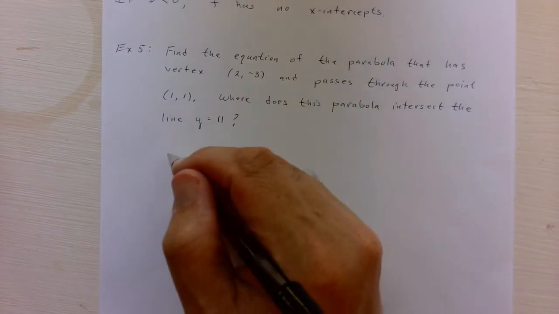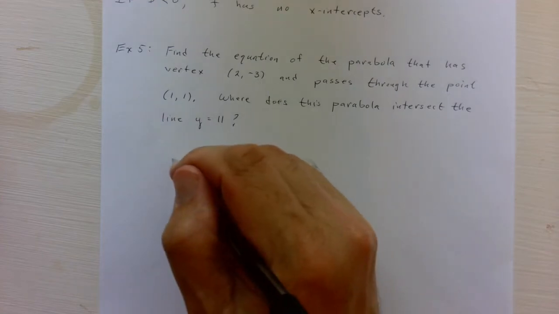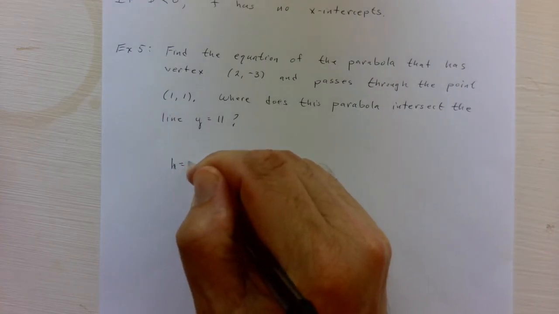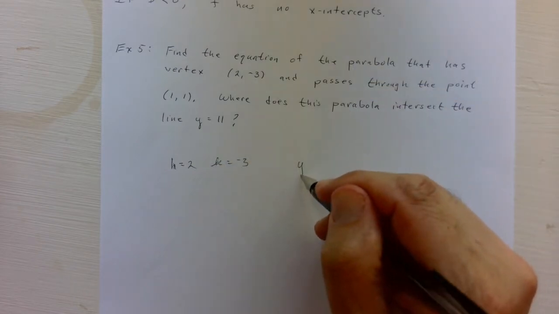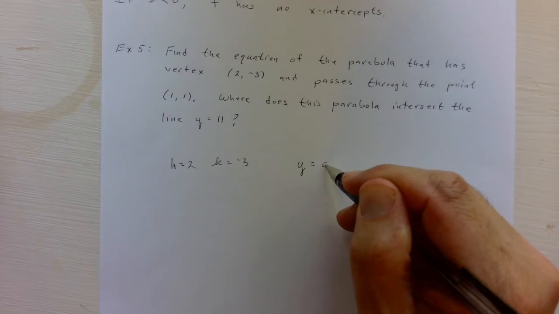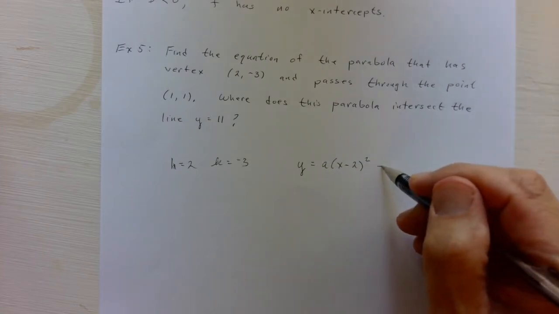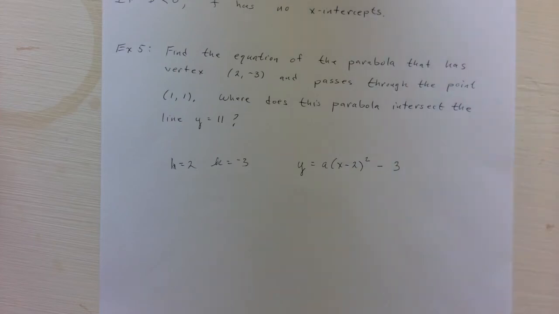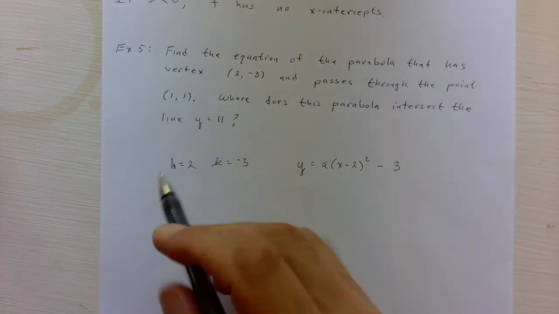This tells you h is 2 and k is negative 3. So right away our equation would be y equals a times x minus 2 quantity squared minus 3.